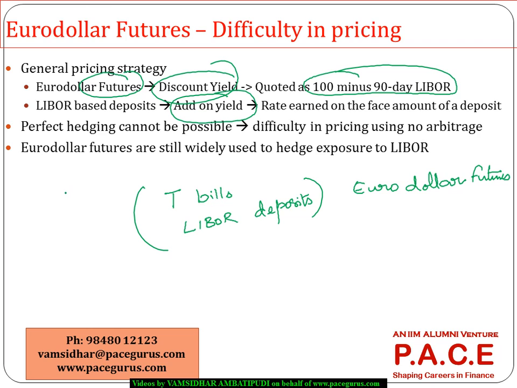So there is a difference in the pricing of these two instruments, so I cannot create a perfect hedge. But though it is not a perfect hedge, still we find that for short-term deposits, people are using Eurodollar futures for hedging purposes because of the kind of volumes of business they are typically operating in.